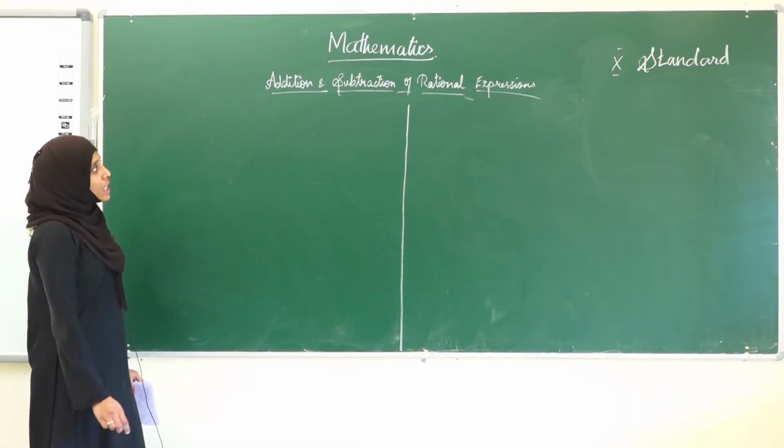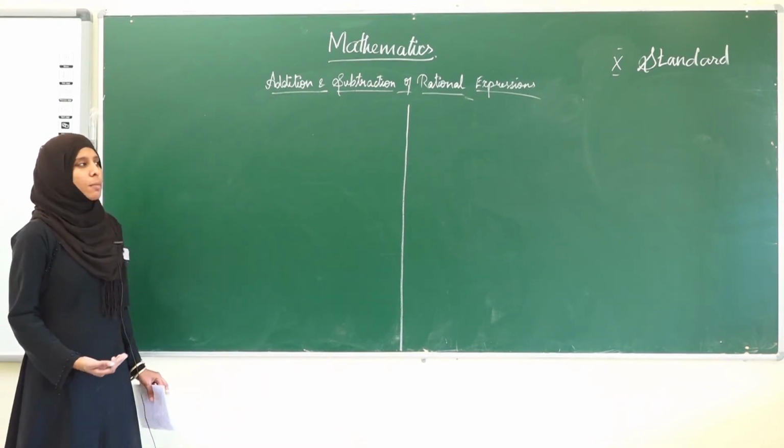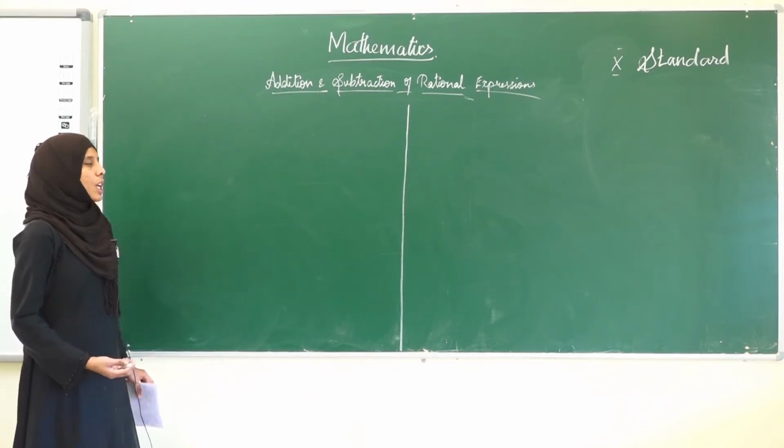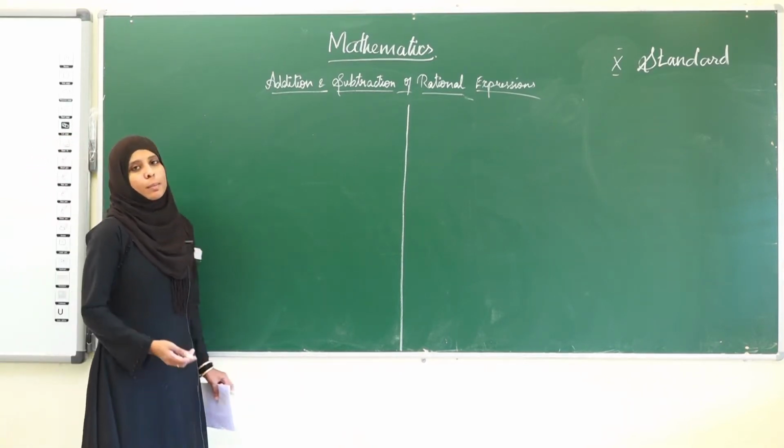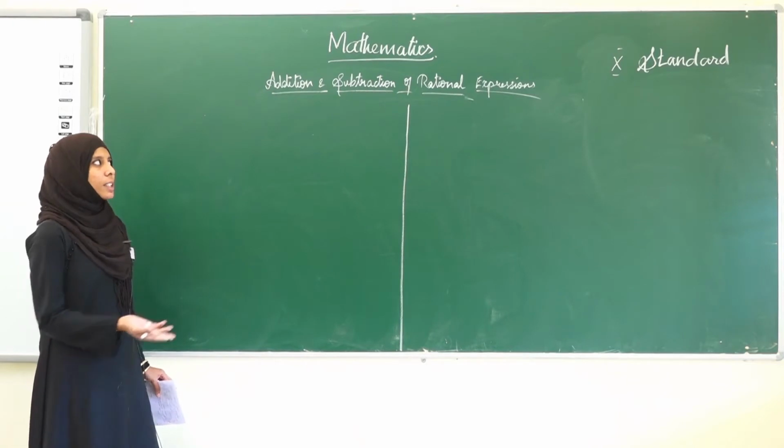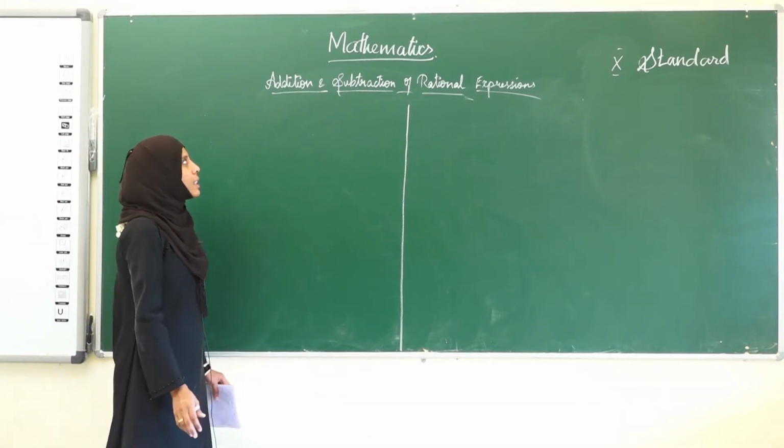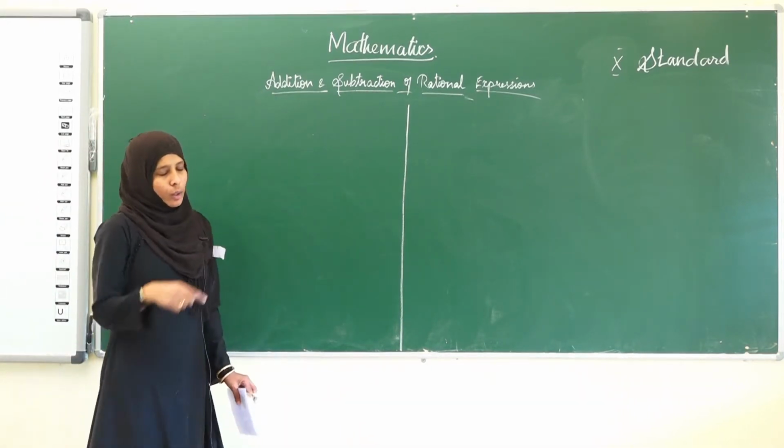So in last class we have seen rational expressions and multiplication and division of rational expressions. In today's class we are going to see another two basic operations of rational expressions, that is addition and subtraction of rational expressions.